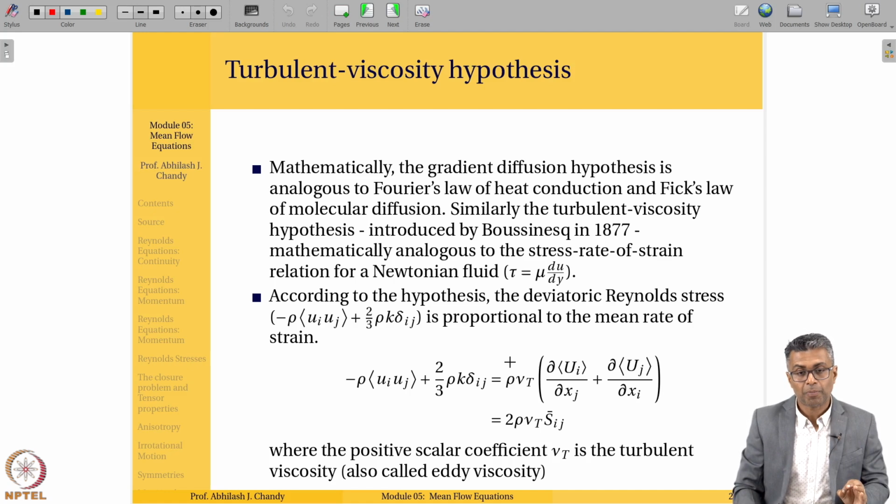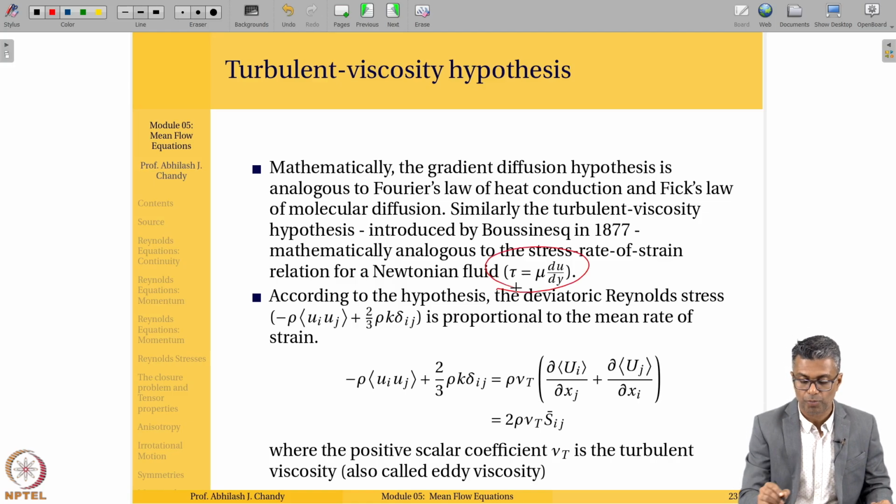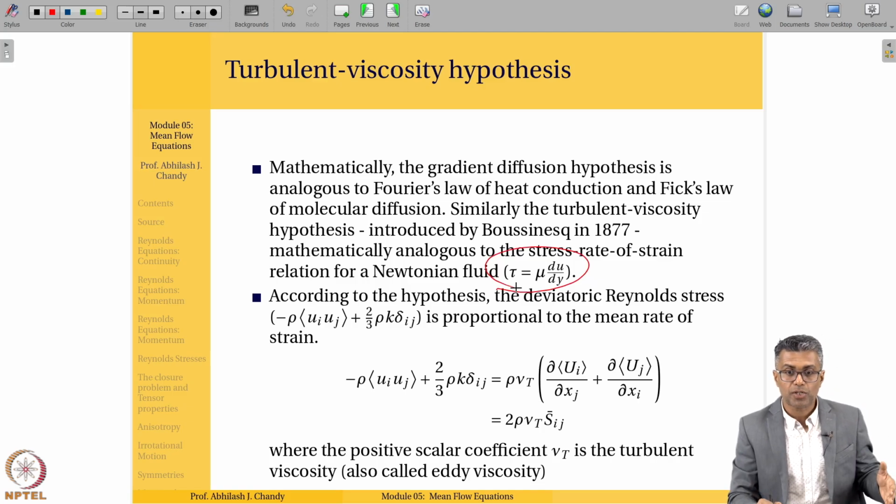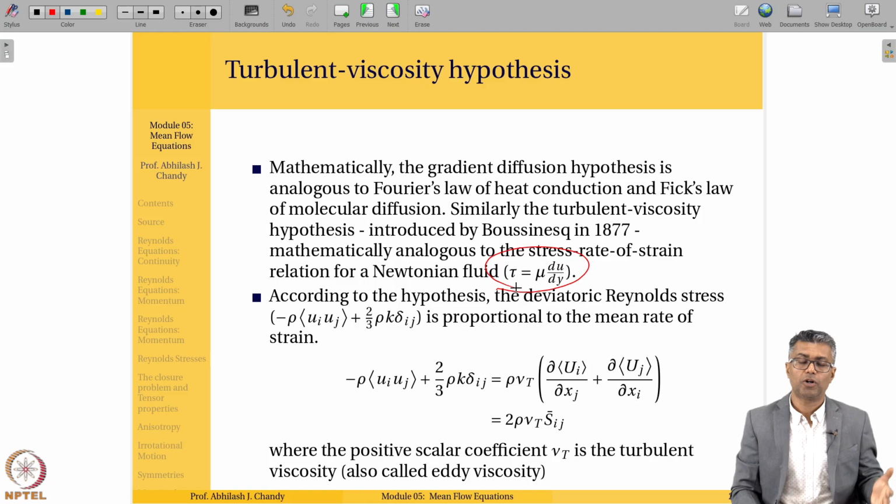It is mathematically analogous to the stress-strain relationship for a Newtonian fluid, where tau is equal to mu du dy. So Boussinesq said, if the molecular stress, the viscous stress, can be equated to the strain rate, why don't we have a turbulent flow where the turbulent stress can be proportional to the mean strain rate, just like we had for the gradient diffusion hypothesis.